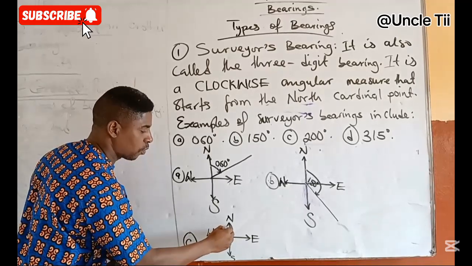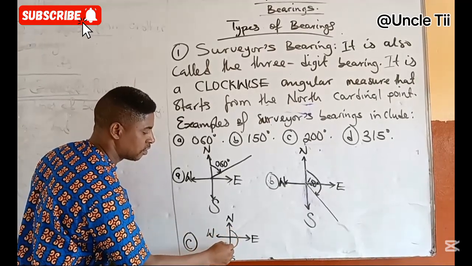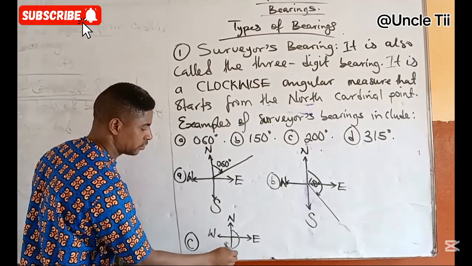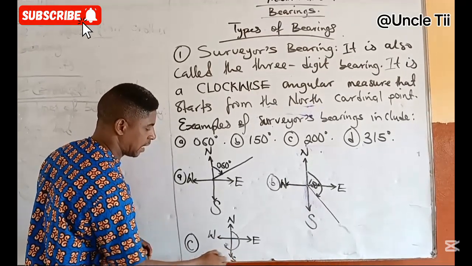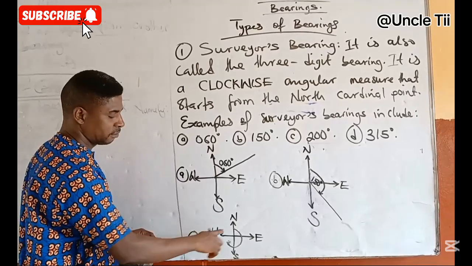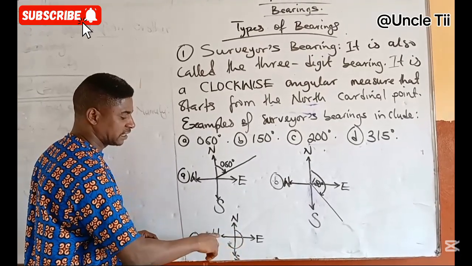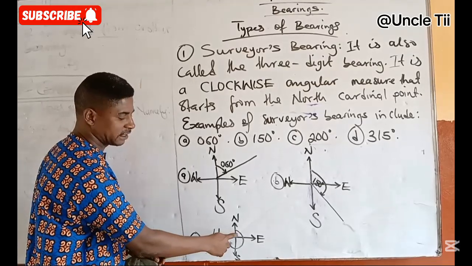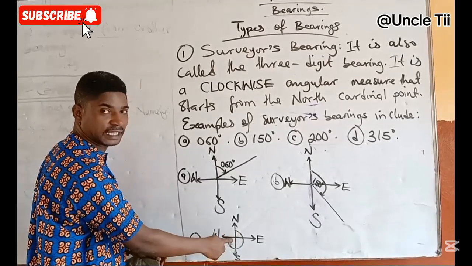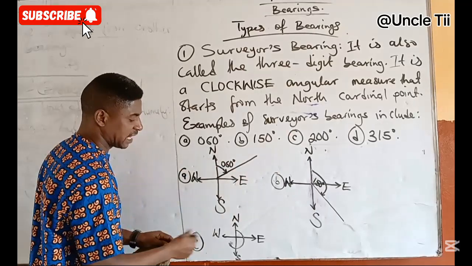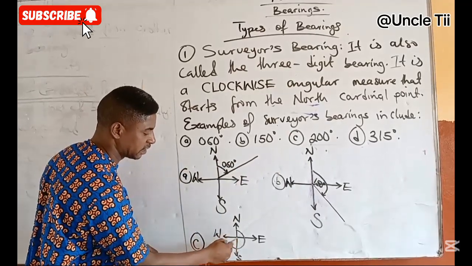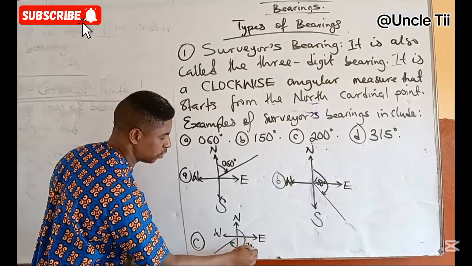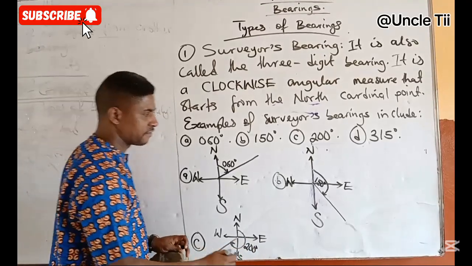So as we move clockwise from the north, we are going to stop somewhere between the south and the west. Because from the north clockwise down to the west is 270 degrees. Why? 90 plus 90 plus 90. But 200 degrees is less than 270 degrees. So we will stop there. This is the bearing 200 degrees.